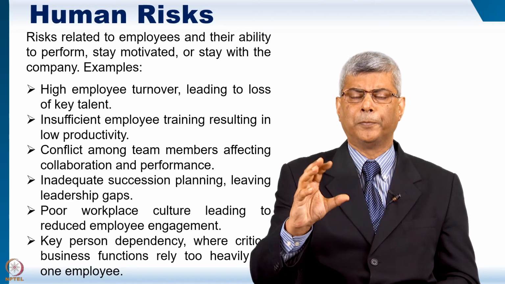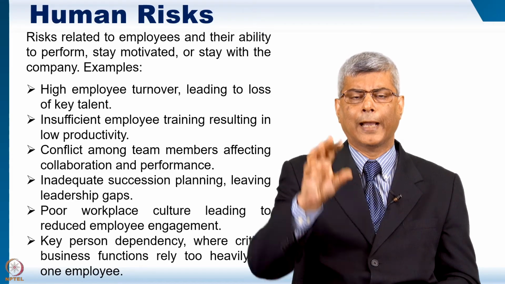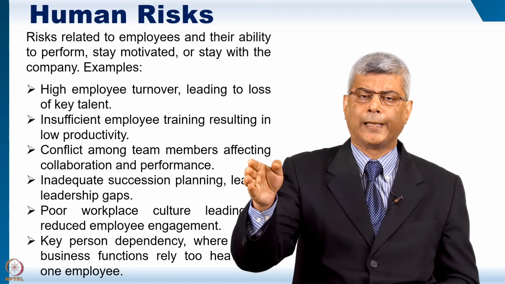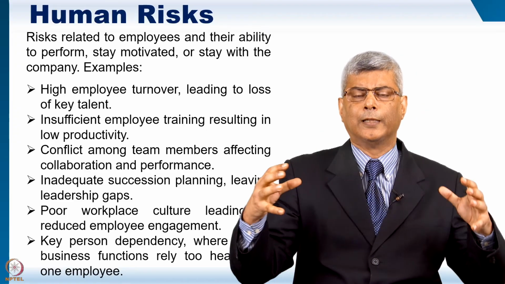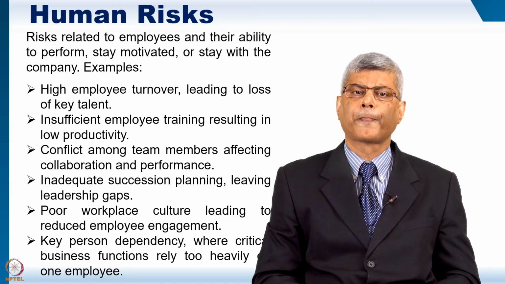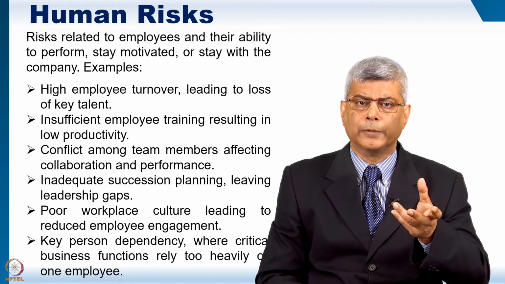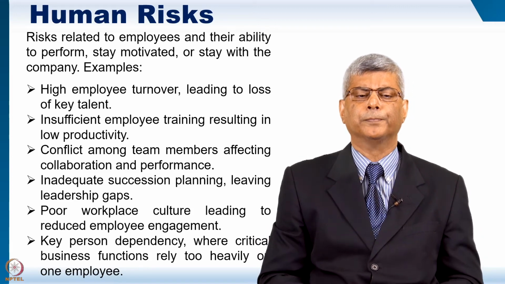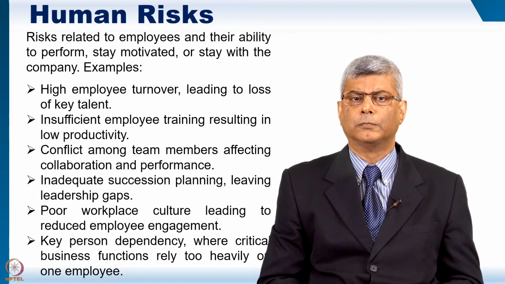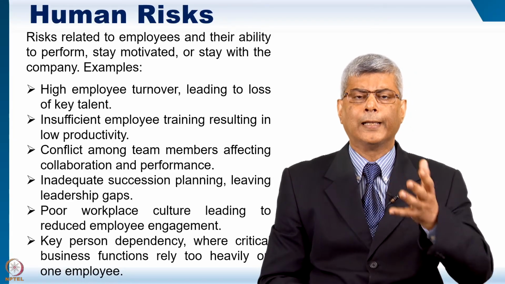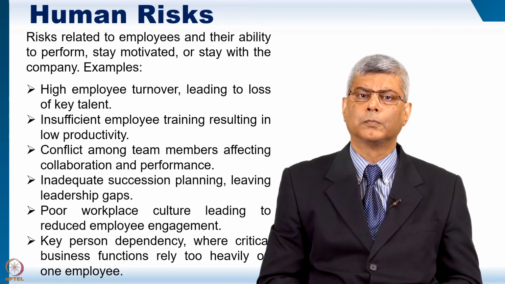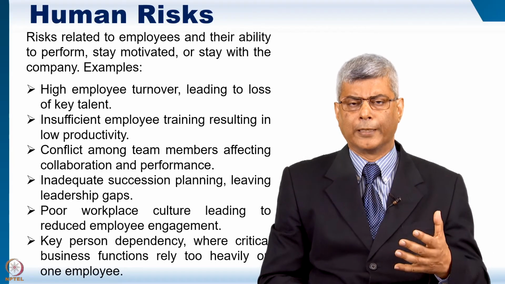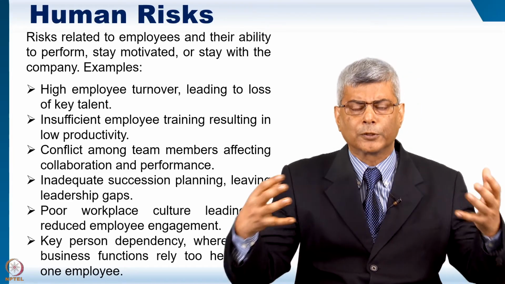A lot of times there will be conflicts among team members at the leadership team level. So the VP sales, vice president of sales, or the vice president of operations, vice president of finance, they have a conflict. Or in the sales teams, there's a conflict. So if there's a conflict in the team, then that becomes a risk to the operations of that team. Toxic culture, workplace culture, unhealthy working environment, employees feeling stress, and there have been very unfortunate, occasional cases of employees even committing suicide because of work pressure.